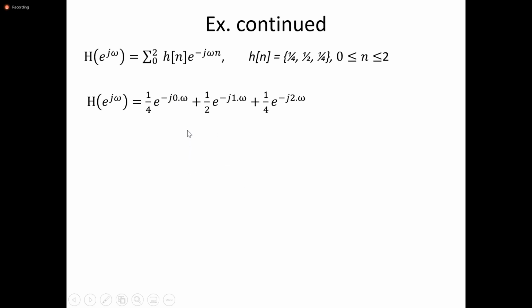When n is 1, our term is half e to the minus j 1 times omega, and when n is 2, our term is a quarter e to the minus j 2 omega. Just simple, just plugging in the values for h of n, that's a quarter, half, quarter, and here we're plugging in the values for n, 0, 1, and 2.